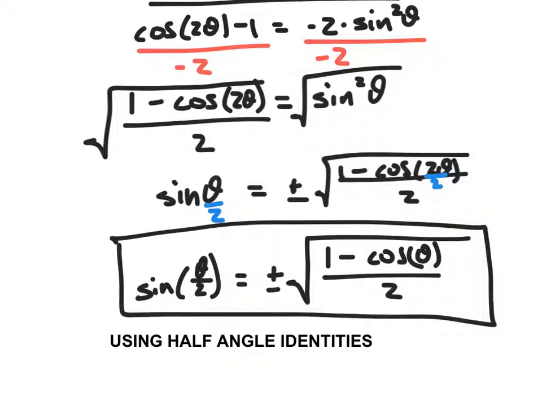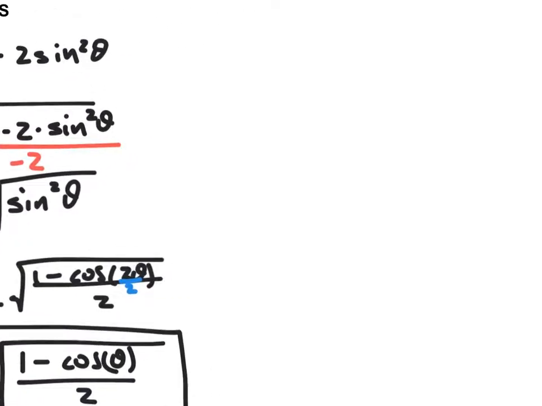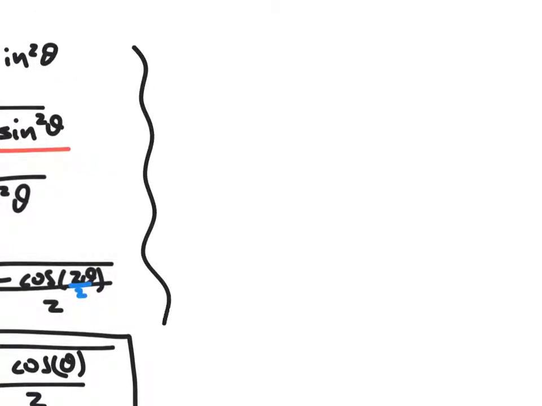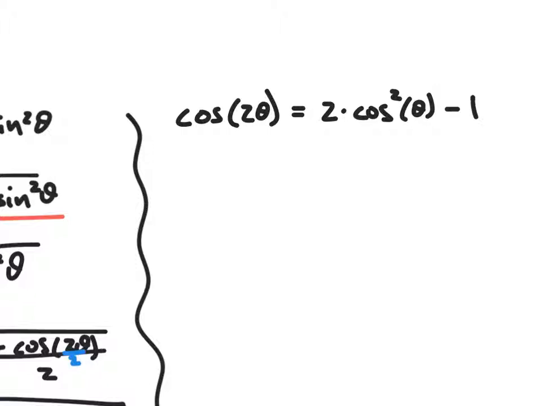All right, so now let's do the same thing for cosine. I'm going to use the double angle identity that we had for cosine, and so that was cosine of 2 theta is equal to 2 times cosine squared of theta minus 1.